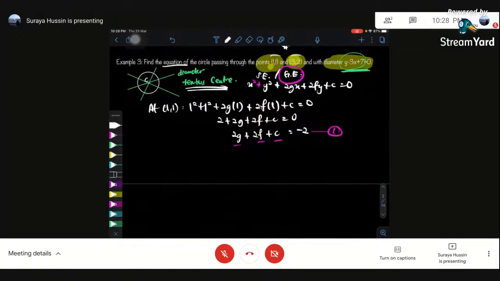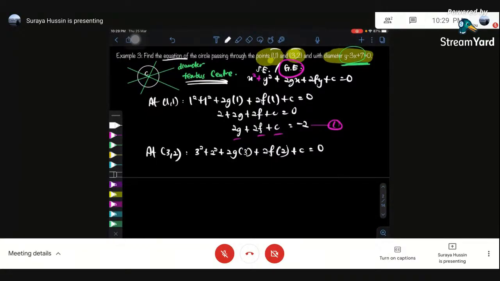Okay, so now the second point, which is 3 and 2. Substitute the values: 3 squared plus 2 squared plus 2g times 3 plus 2f times 2 and then plus c, which you do not know, equals 0. And 9 plus 4 is 13. But I want to bring it across directly, can I?